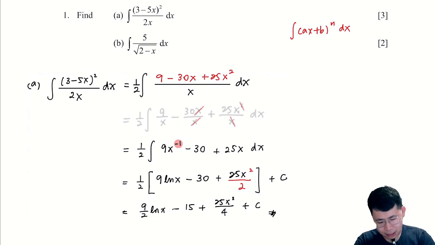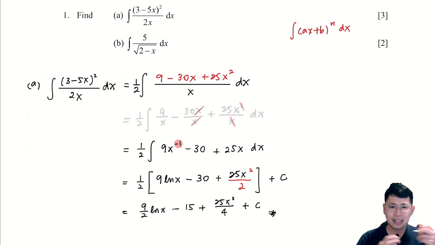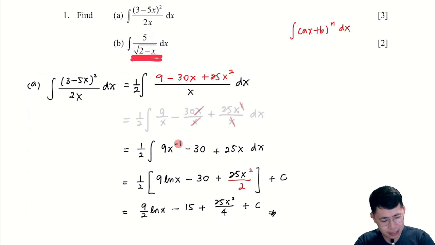For part B, we cannot expand and simplify. This is already nested within a power itself, the power is negative half, and there is nothing on top for us to simplify. So we can rewrite this into power form directly.